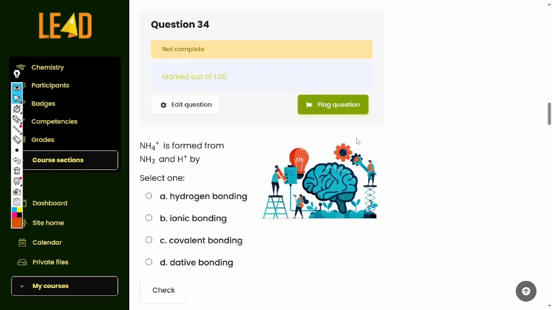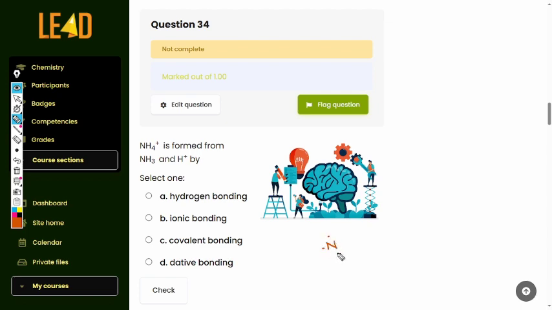Okay, 14. Ammonium ion is formed from ammonia and hydrogen ion by, what kind of bond is formed between ammonia and hydrogen ion? Now, using Lewis structure, ammonia looks like this.